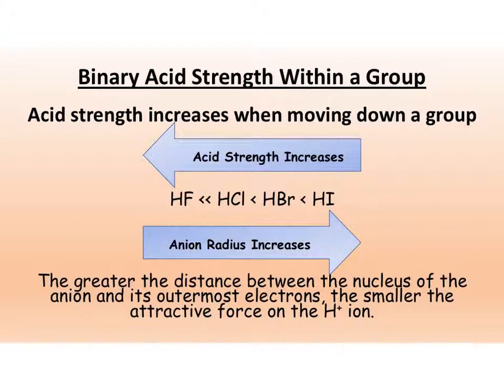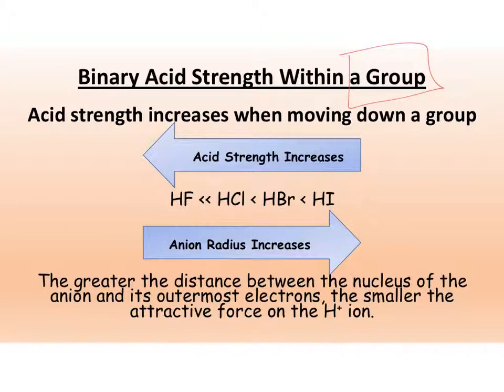So we know that as we're moving across the periodic table, radius is decreasing, but we already have our trend for going across. That's electronegativity. This trend is for within a group. This is going down within the same column.